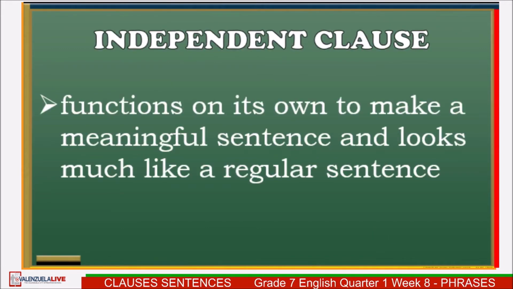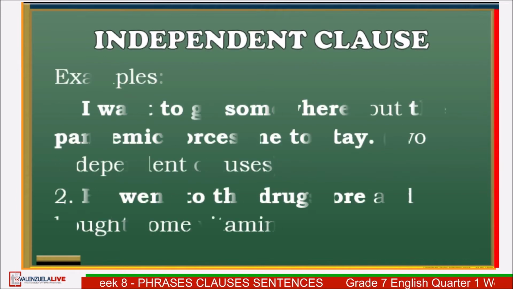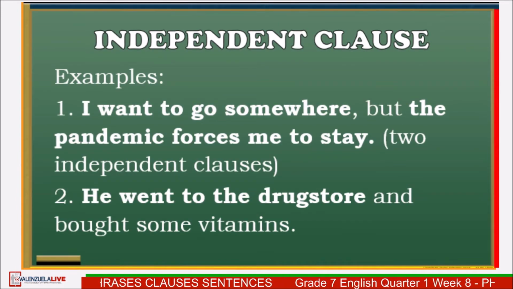Independent clause functions on its own to make a meaningful sentence and looks much like a regular sentence. Example, I want to go somewhere, but the pandemic forces me to stay. In this example, we have 2 independent clauses that express an idea.